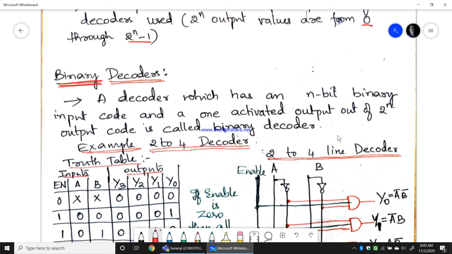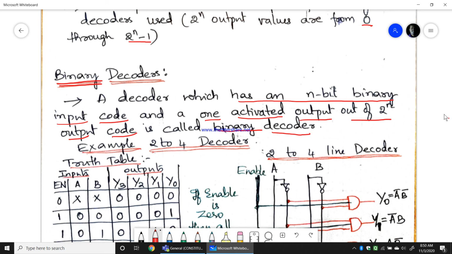So it has n inputs, and if any one output line out of the 2 power n output lines is activated, then those decoders are called binary decoders. This is what a binary decoder is all about.